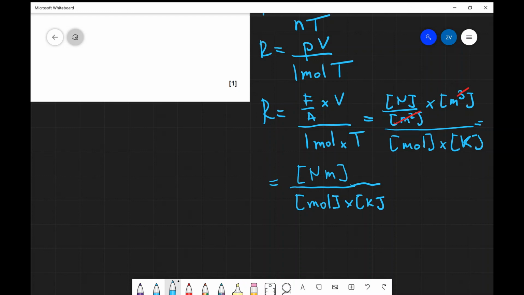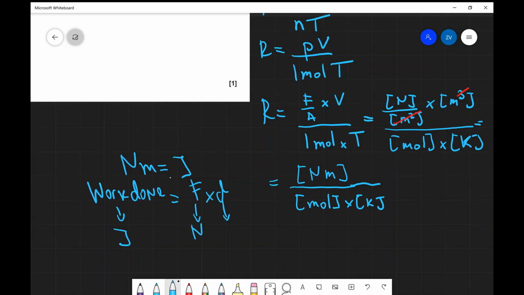Okay, now if you remember though, 1 Newton meter is actually a joule. Easiest way to remember that is that work done, which is measured in joules, is equal to force multiplied by distance. A force is measured in newtons and distance is measured in meters. So 1 joule is actually equal to 1 Newton meter.